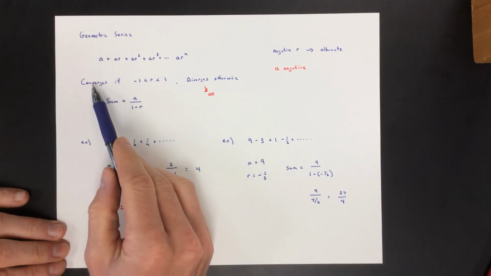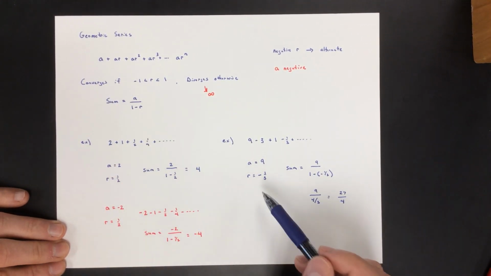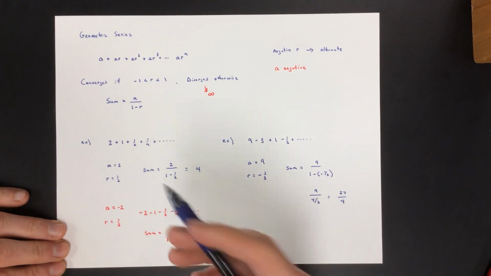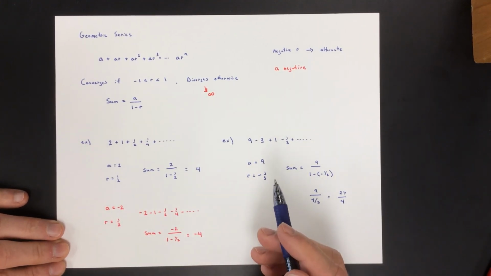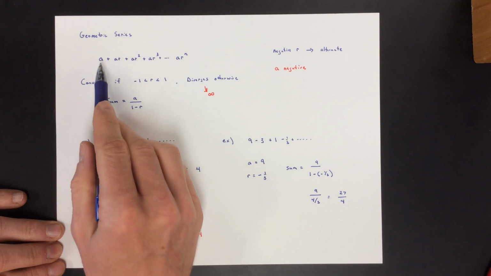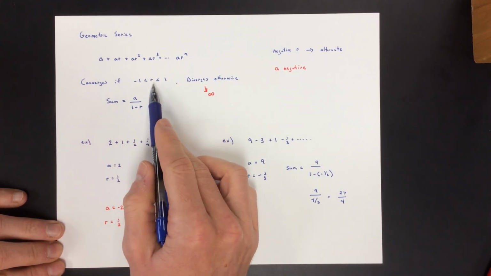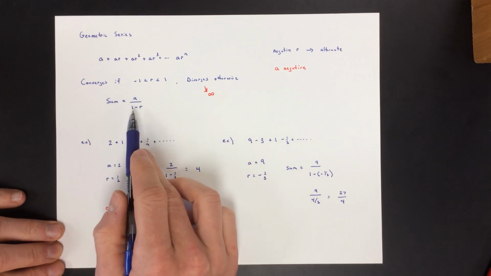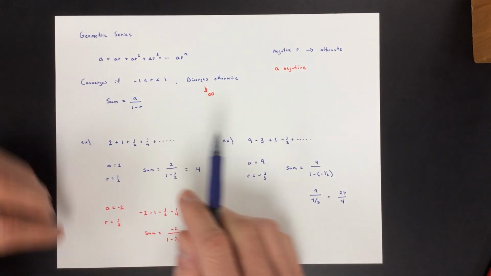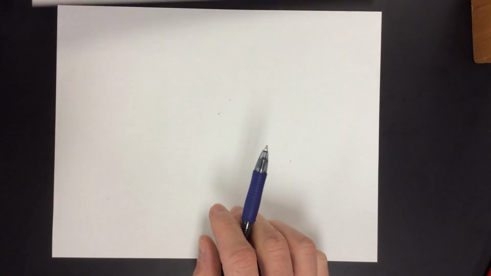But if it converges, r is like a half, negative 1/3, 1/4, 2/3, 4/5, whatever, then it has to have this pattern. If it doesn't have this pattern, and if r isn't between negative 1 and 1, then it doesn't have this sum.